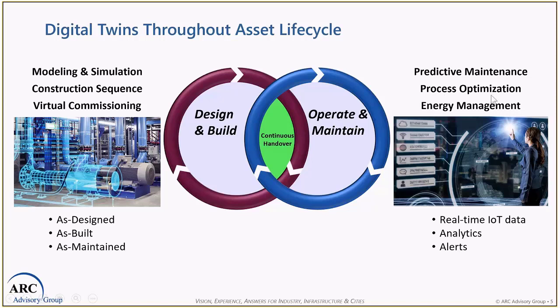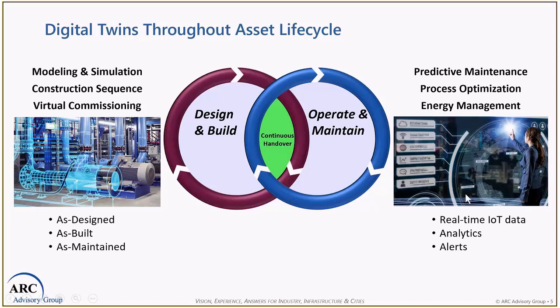of doing things. We also see this digital twin being used for process optimization, particularly in oil and gas and bulk chemical. And energy management is typically found in facilities like big ones like airports and large commercial buildings.